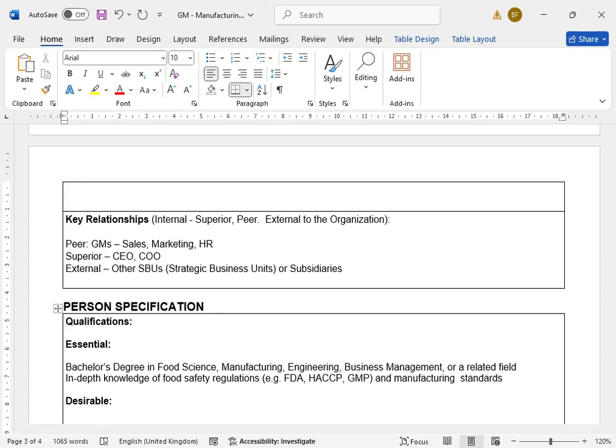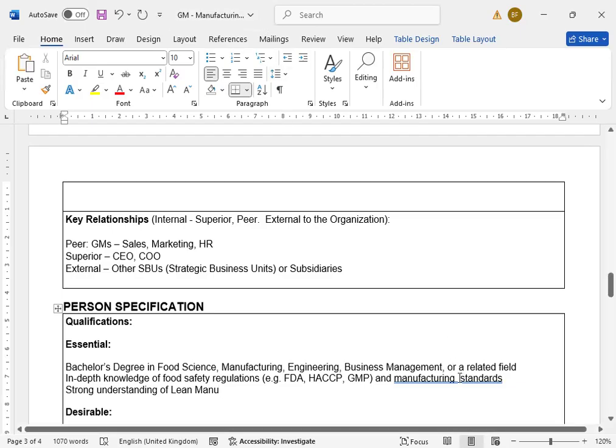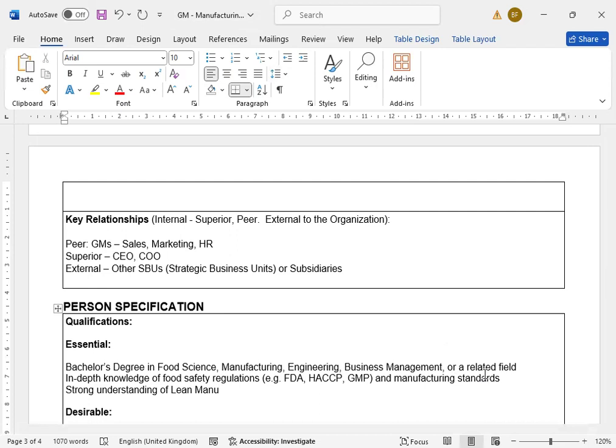What else? Strong understanding of lean manufacturing. Very important. Some companies don't hire you if you don't have knowledge of lean manufacturing.